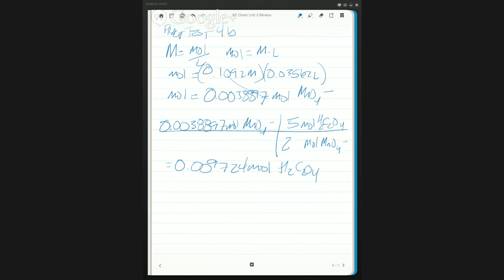Are all titrations just redox reactions? No. Redox reactions have to have a change in oxidation number. And I would say that if you have an acid-base neutralization, I don't believe that's a redox reaction.